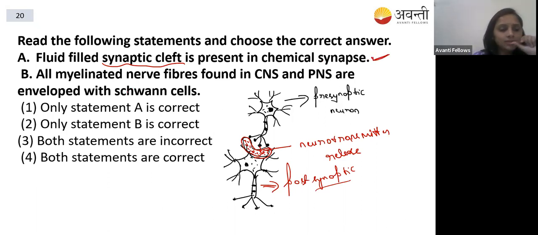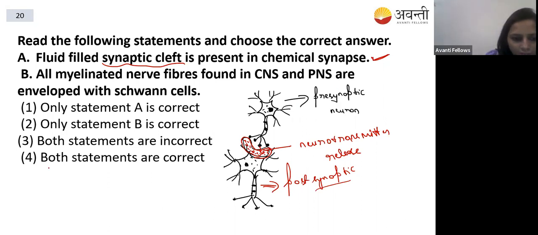Then coming to the second option: all myelinated nerve fibers found in the central nervous system and the PNS are enveloped with the Schwann cell. No, guys. When we are talking about the central nervous system, there are two types of cells required for the synthesis of the myelin sheath.